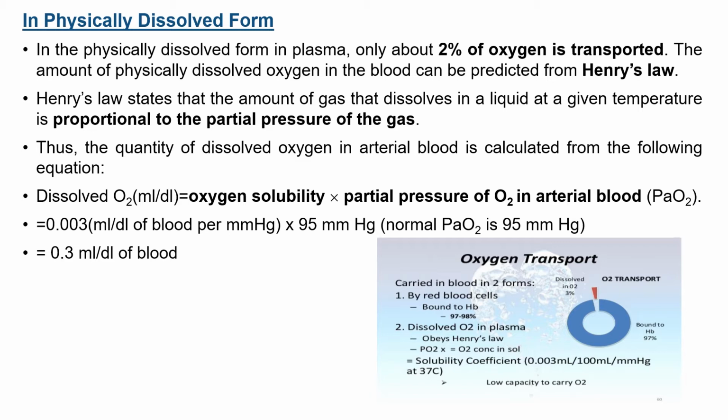Normal partial pressure of oxygen is 95 mmHg, and this comes to about 0.3 ml of dissolved oxygen per deciliter of blood. See, this partial pressure is contributed only by the oxygen that is present in the blood, not at the tissue level.